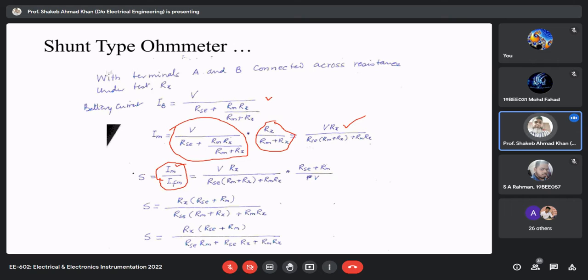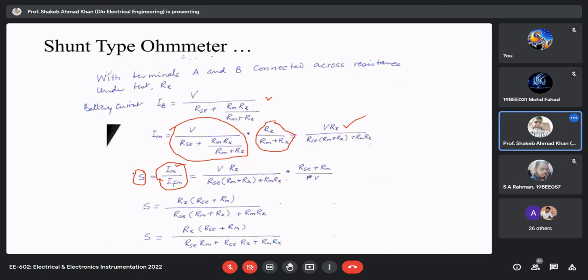We are taking this ratio that we are calling S. So this ratio obviously will vary as your meter current varies. The variation will be between 0 and 1, because the maximum value of IM will be IFM, and the minimum will be 0. That's what we have done here. So this ratio is basically the normalized meter current only.